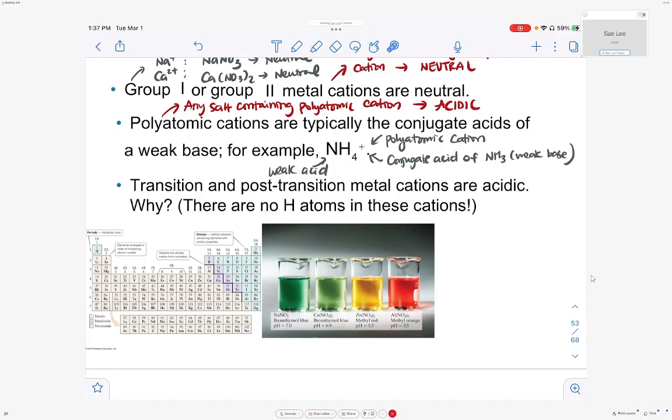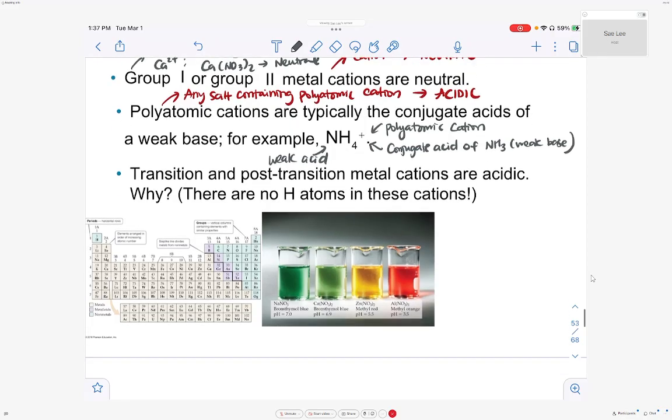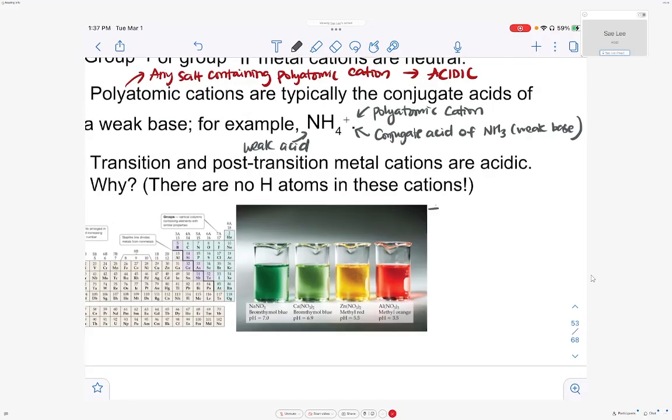Okay, so any transition metal and any post-transition metal, if salt contains transition metal and post-transition metal cations, those salts are going to be acidic. Okay. So why? I'm going to explain why.